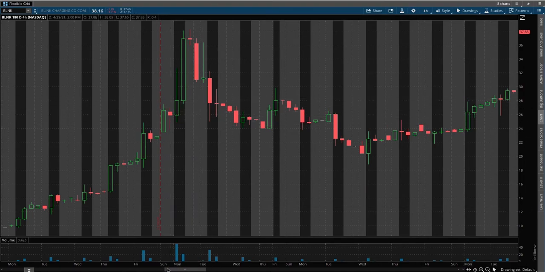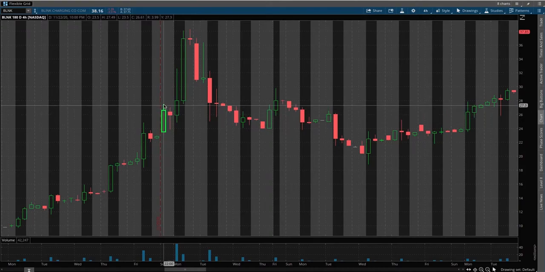And this represents the day. So on Sunday night, Monday morning, pre-market hours, Blink traded between 22.48, which is right here, right? 22.48, and 23.59. So that's where it traded.